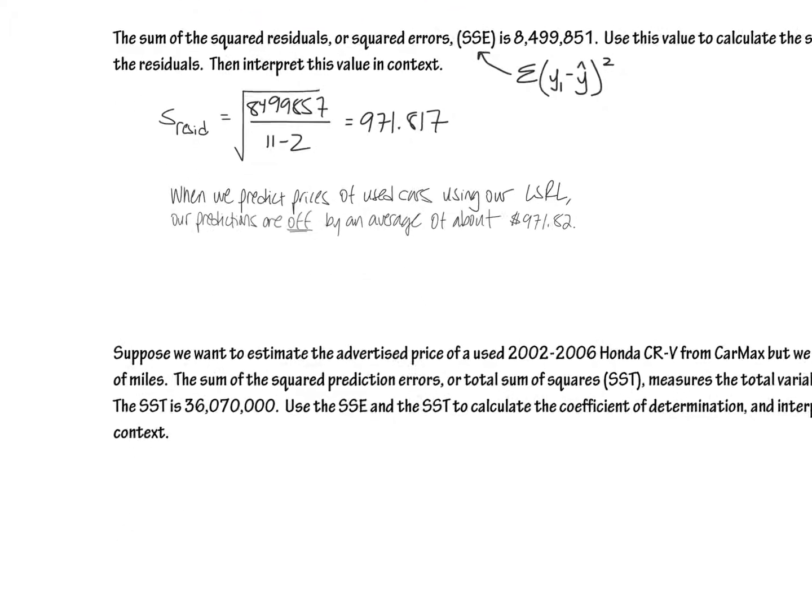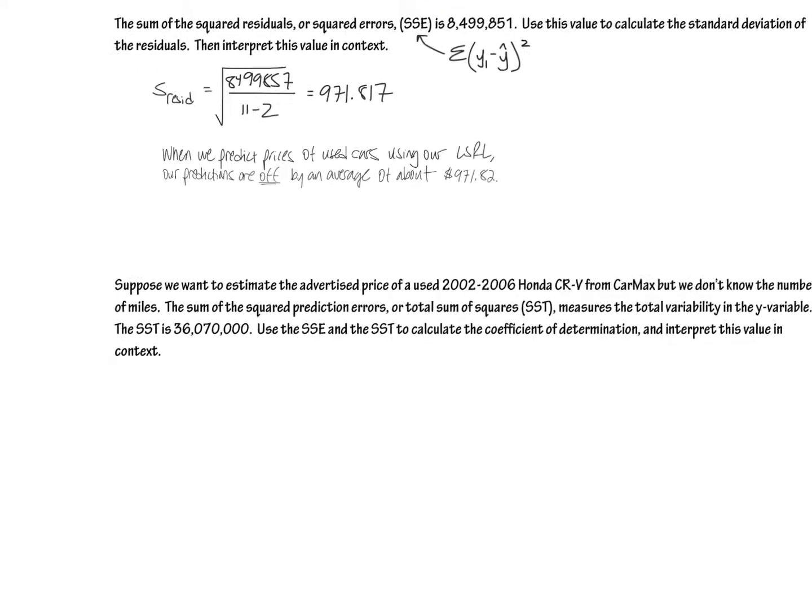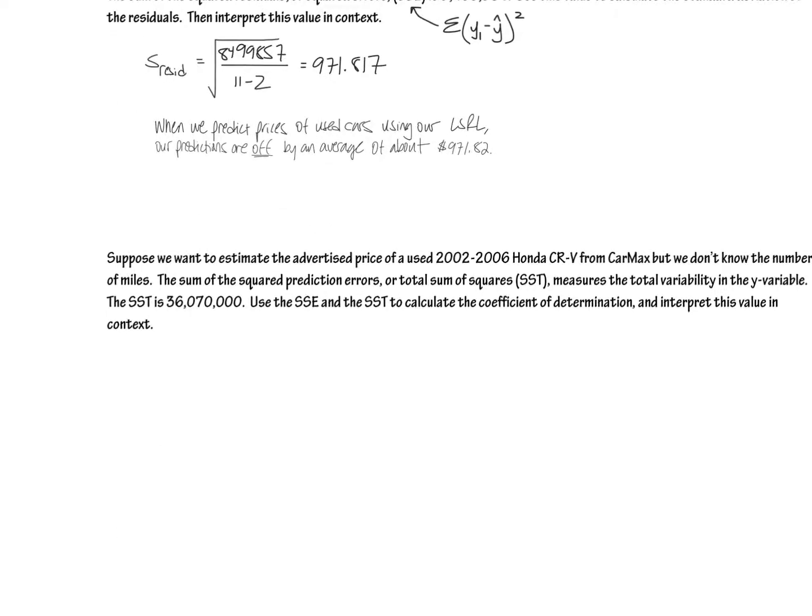And so in order to find this coefficient of determination, which is another vocab word, this thing is the r squared. Remember, we've done a lot with r already. The coefficient of determination by definition is the r squared. So I can actually show you where that formula comes from as well.